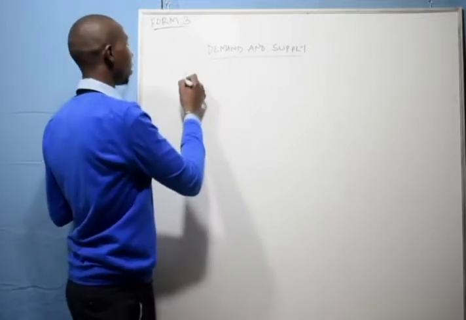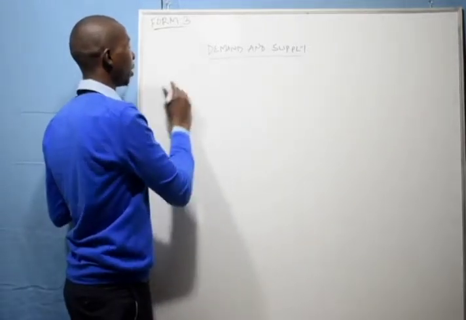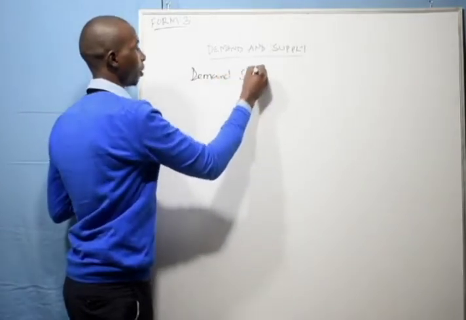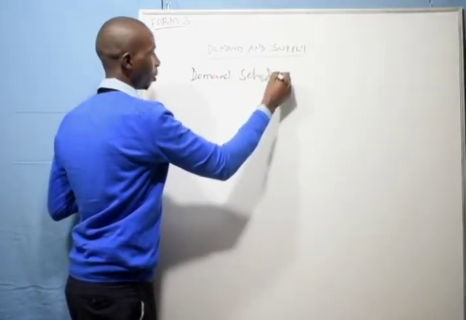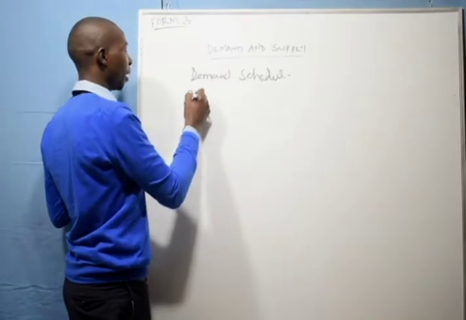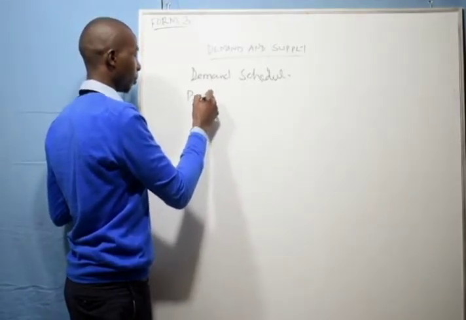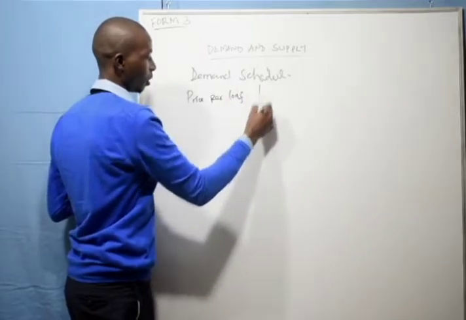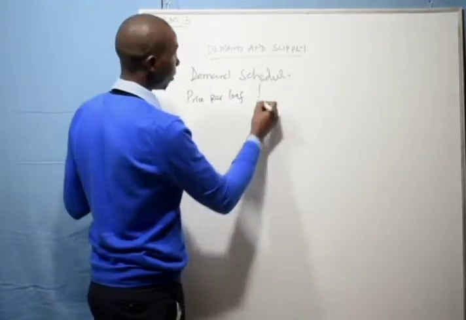So we have price per loaf, demand schedule. Price per loaf. Then we have number demanded.